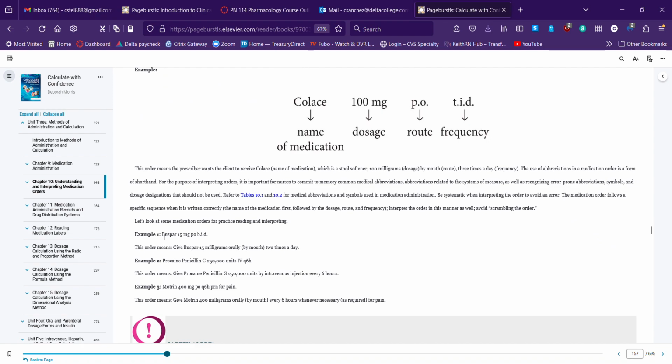So if you have an order such as this, Buspar, 15 milligrams PO BID, it means that you're going to give Buspar, which is a long-acting medication for anxiety, and you're going to give that 15 milligrams by mouth, so orally, 2 times a day.